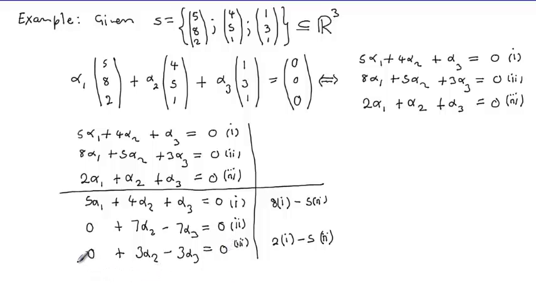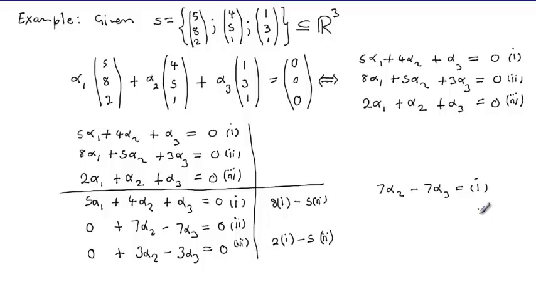Now, at this point, we can decide to work with the last two equations. In this case, we can write here 7 alpha 2 minus 7 alpha 3 equals 0. And this is our equation 1.